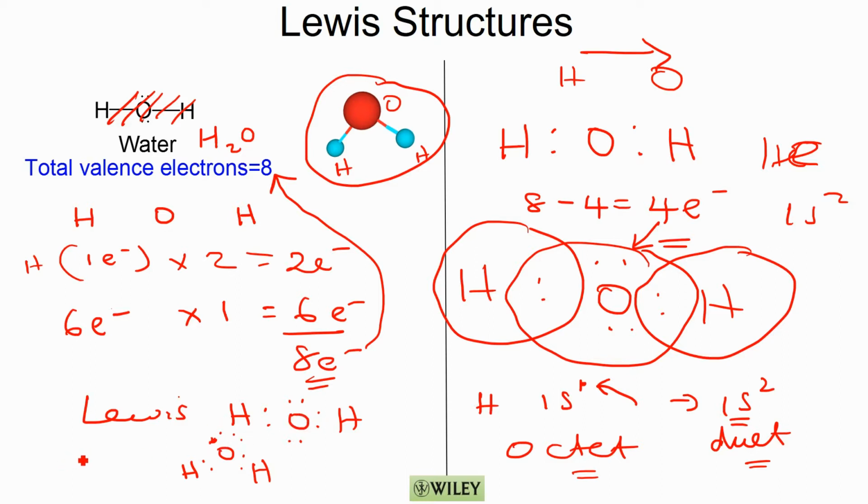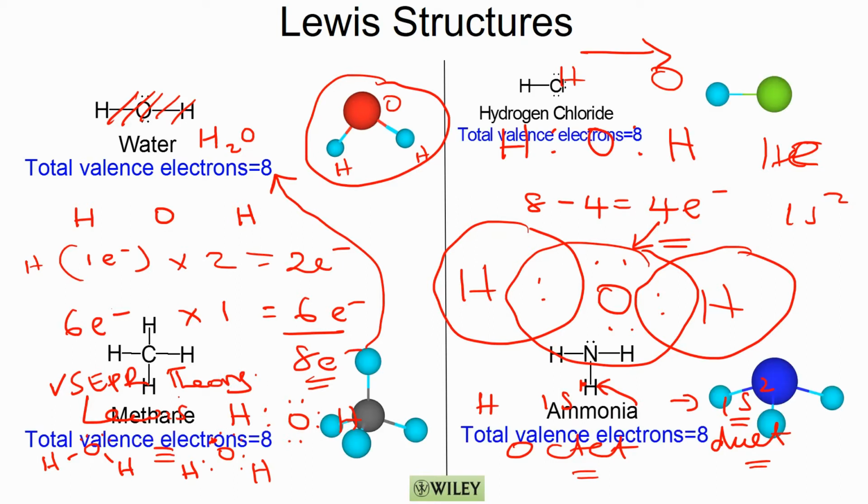Now that forces these 2 bonds to warp, and you end up with a bent structure because these electrons here repel the electrons in the bonds. Okay, that's called valence shell electron pair repulsion theory. That's found, I think, a few slides from here.